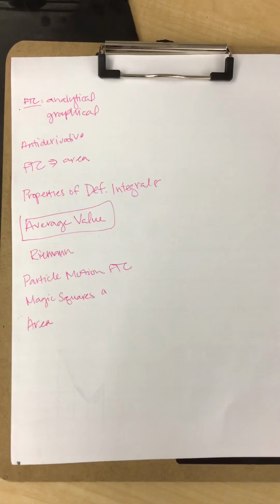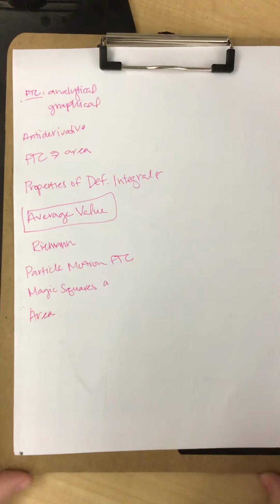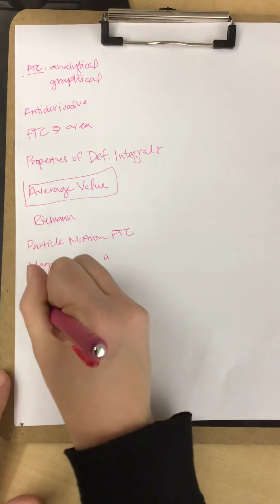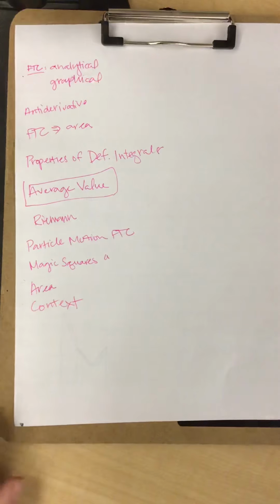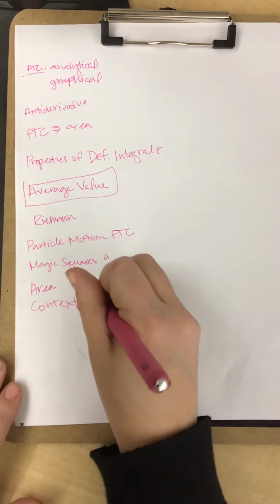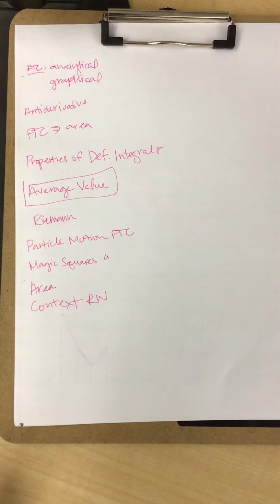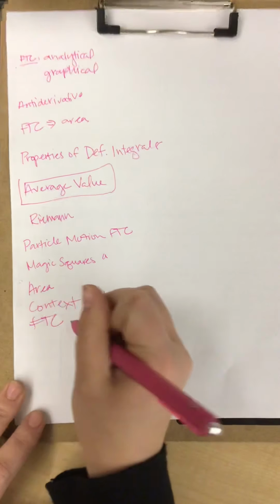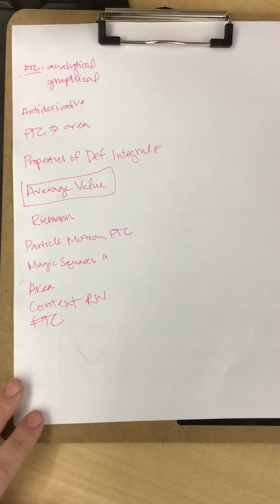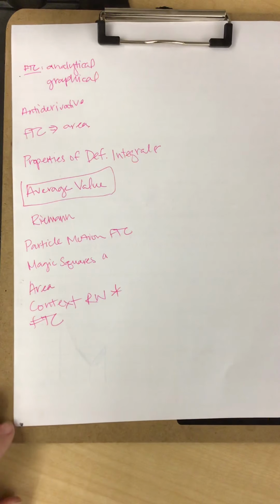What else do I have for you? A context problem. So what does this mean in a real world situation? Real world. And then I've got another FTC problem. So FTC is huge. And then one more of these contexts in the real world problems.